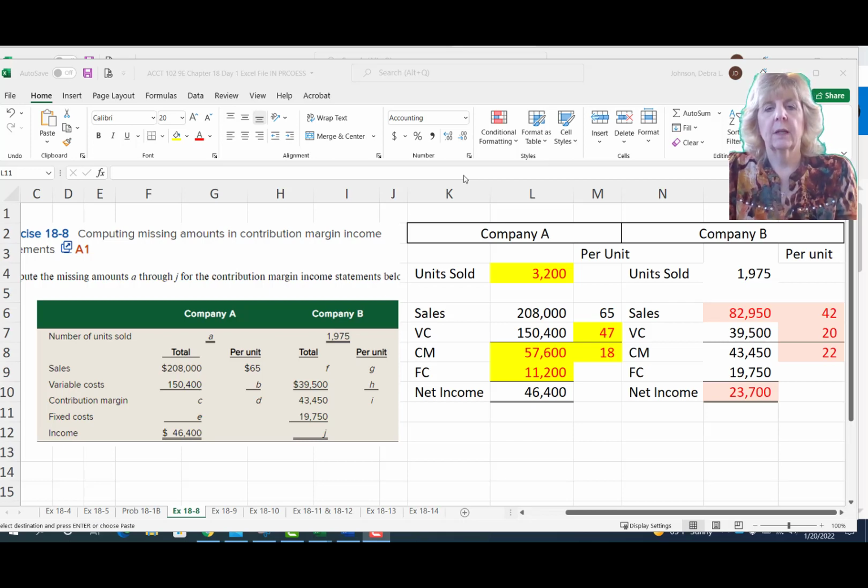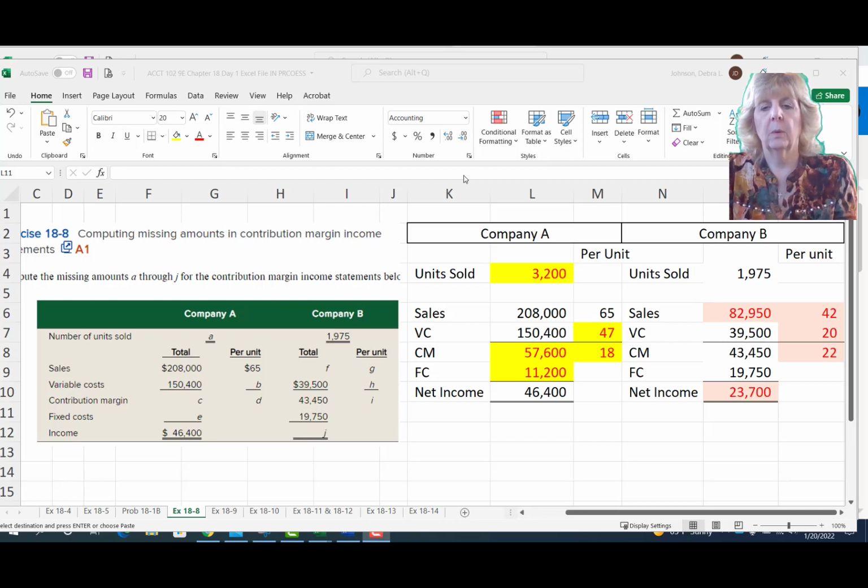The first thing I solved for was the units sold. Since I know that sales were 208,000 and I knew that the per unit cost or sales price was 65, I simply divided to get the 3,200 units sold. Once I knew how many units were sold, I could take the variable cost and divide by those units sold to get the variable cost per unit of 47.